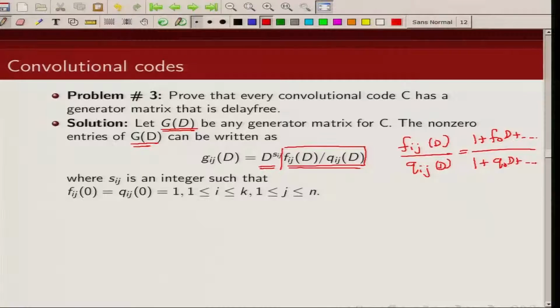So f_0 and q_0 are 1. Any entry in the generator matrix can be written in this form.